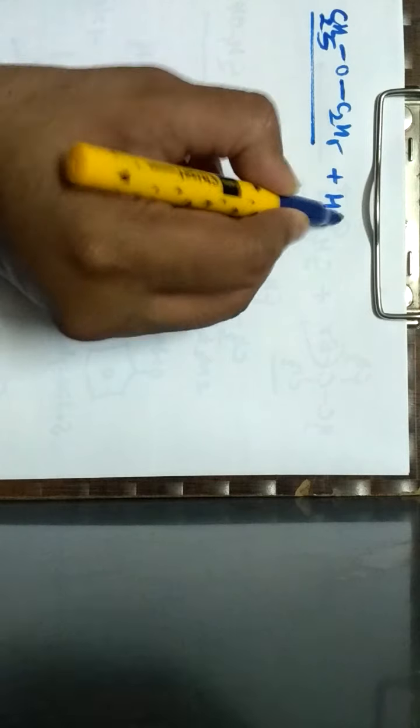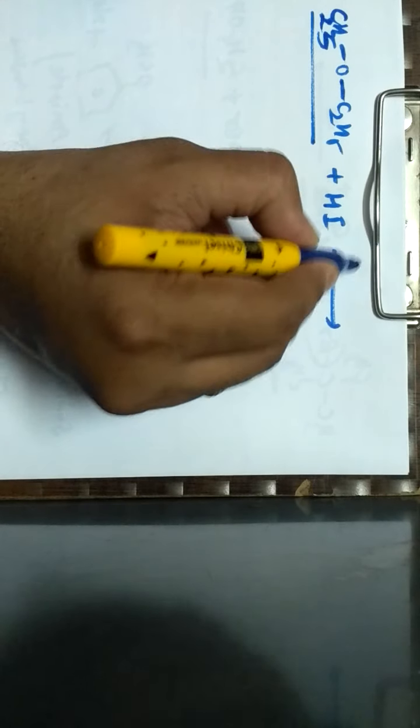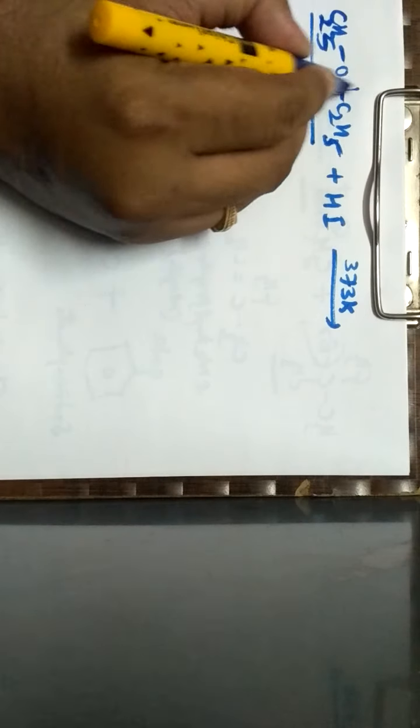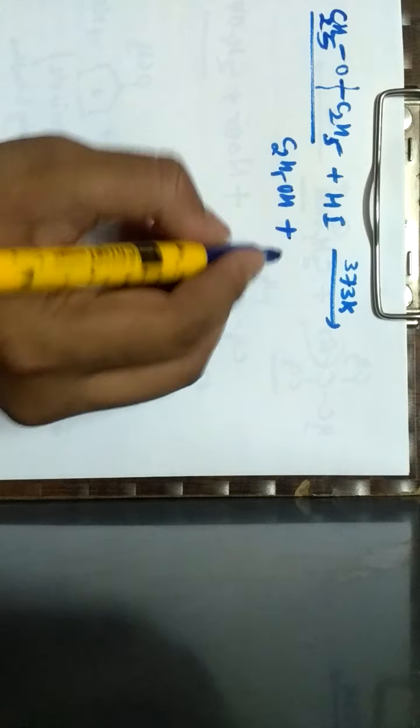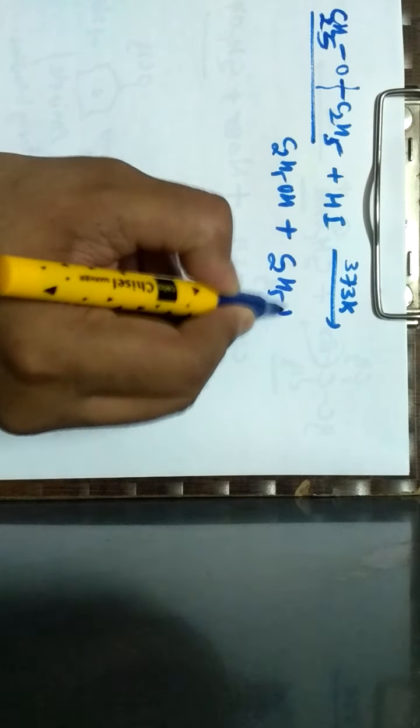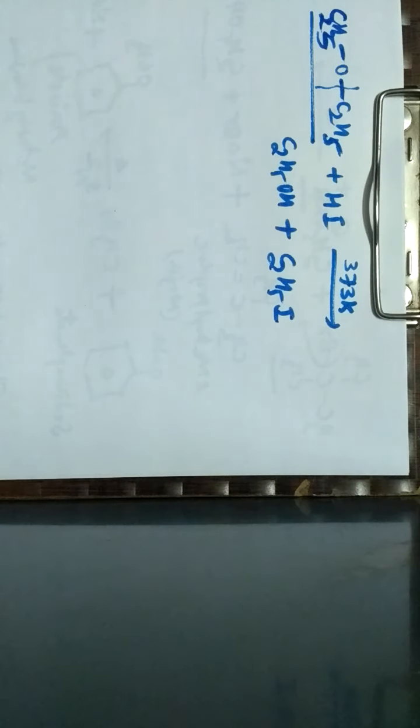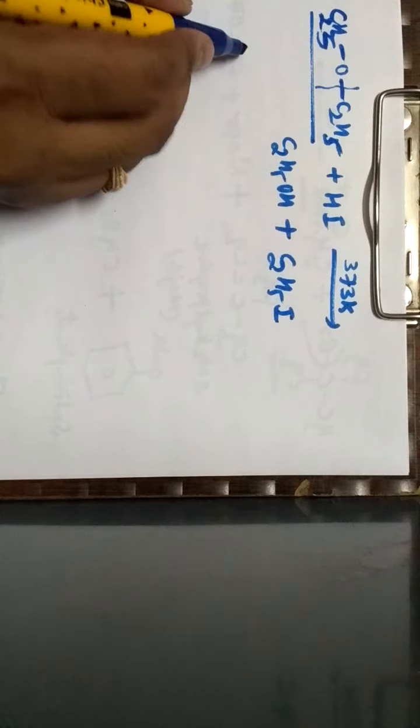When this diethyl ether is made to react with hydrogen iodide by maintaining a temperature of 373 Kelvin, breakage of the bond takes place between carbon and oxygen such that we are going to get ethyl alcohol. Along with ethyl alcohol, we are going to get ethyl iodide. This particular reaction will take place in two different steps. So how can I explain?